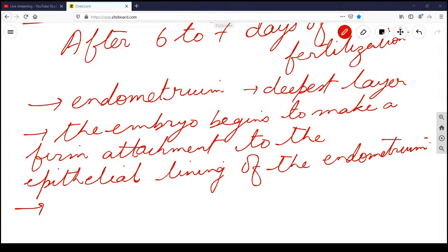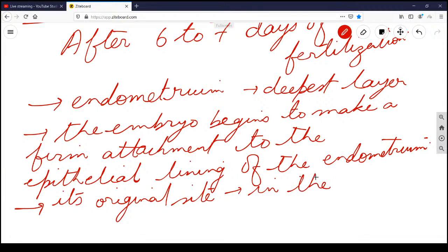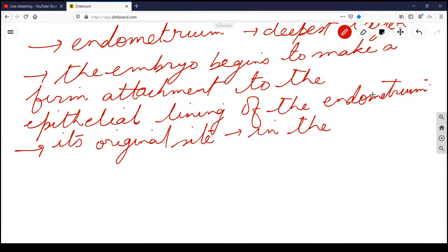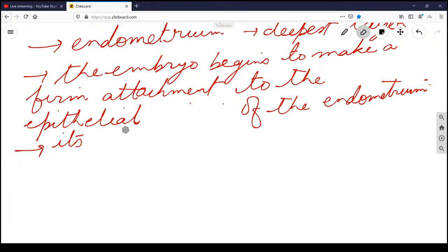Its original site of penetration in the endometrium is closed.